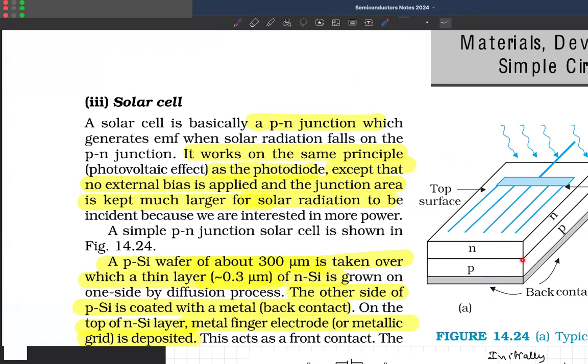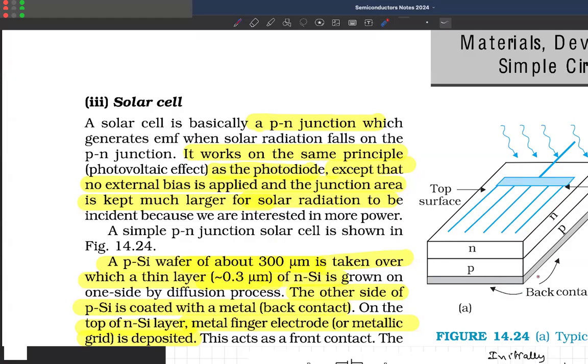Can you notice that? See, the surface is exposed to light, whereas the top surface will have a cover. It is like a metal plate, a perforated metal plate. Maximum photons will pass through. And the back contact is again a metal plate.